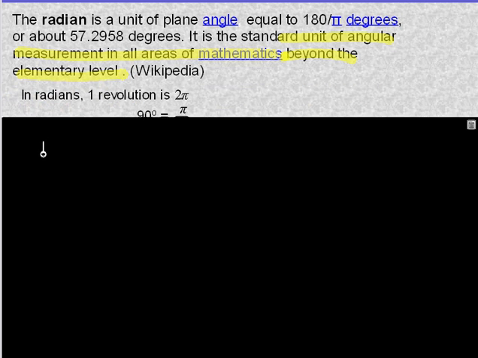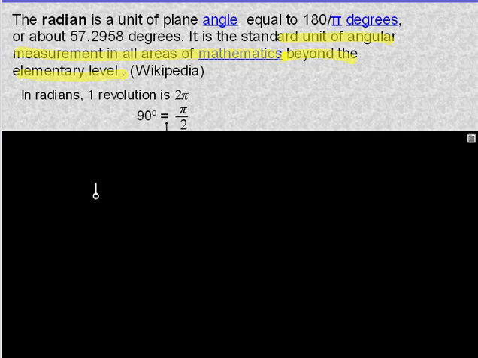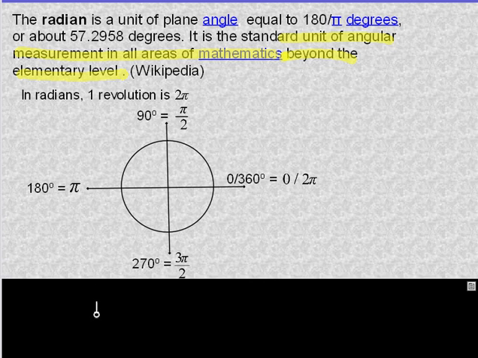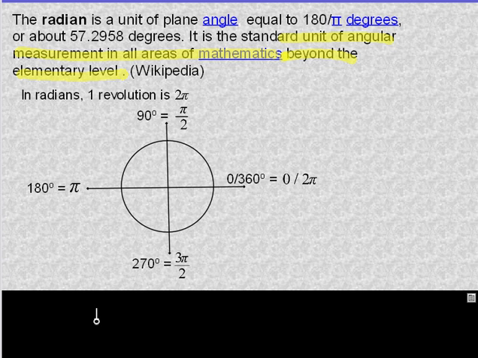In radians, you probably know that 2 pi r is the circumference of a circle. Why is that? Because 1 revolution, or 360 degrees, is 2 pi radians. 90 degrees then is pi over 2. So these are our important markers.